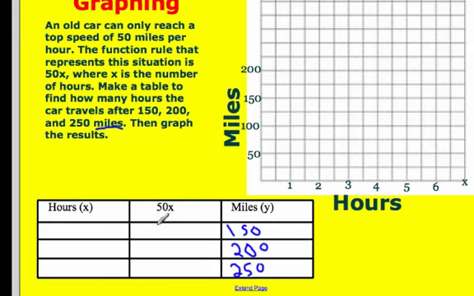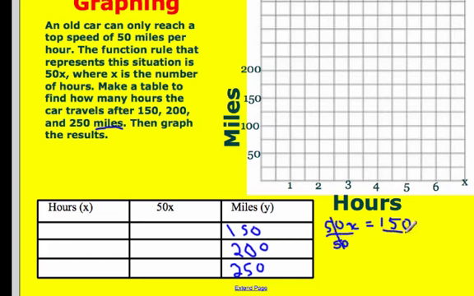Alright, and they're saying 50 times something equals 150. To do this out, we would just write the expression first, which is 50x, the function rule. And now we're saying it's an equation. It equals 150 miles. To do this out, we would do the inverse to both sides. We're going to divide each side by 50.